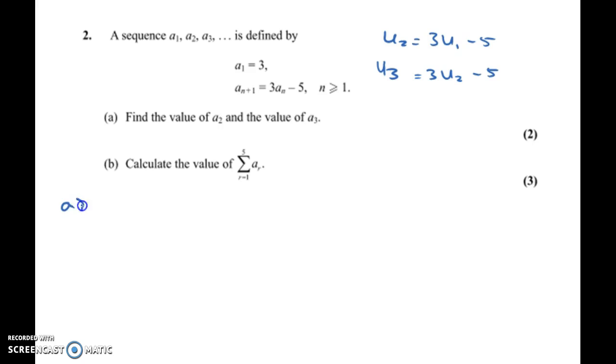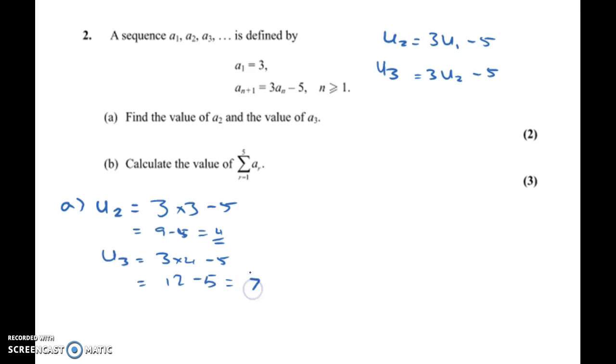So we have part A, u2, the second term, 3 lots of u1, which is 3, take away 5, so 9 take 5, which is 4, and then the third term, u3, we have 3 lots of 4, take away 5, 12 take 5, which is 7.